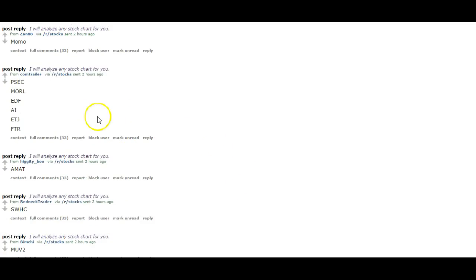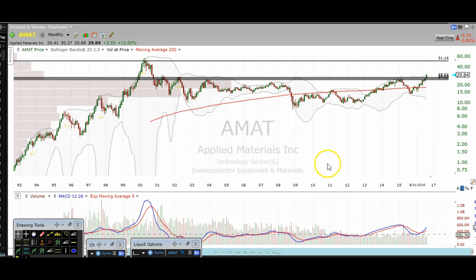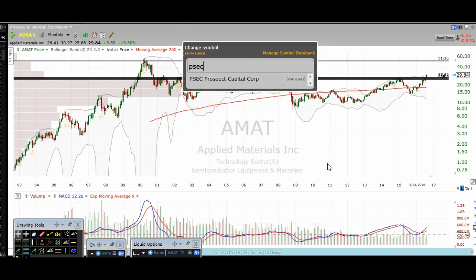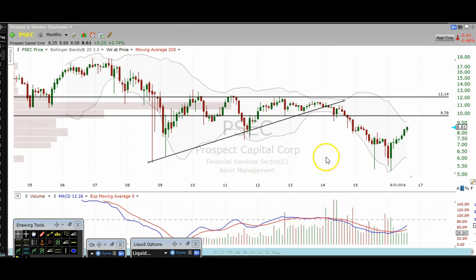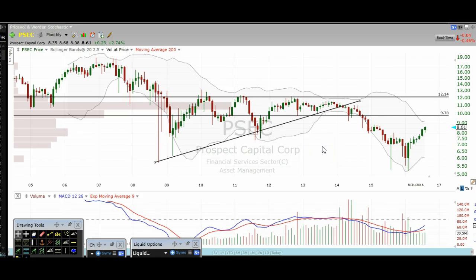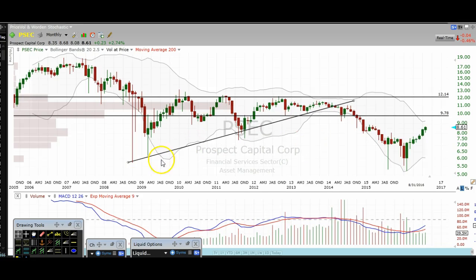All right, I'm going to choose one here, PSEC. All right, looks like I have looked at this one. This is the monthly chart. And we've got that downtrend line just ahead of us.